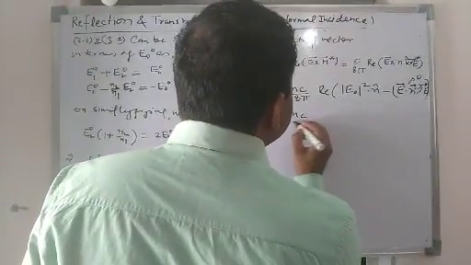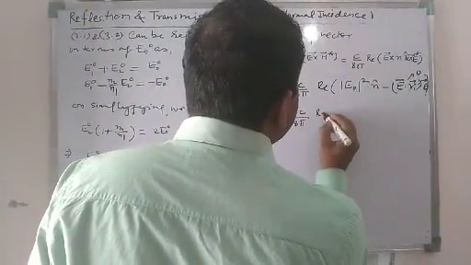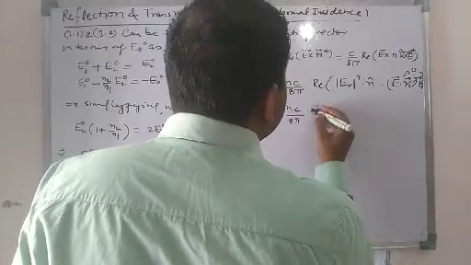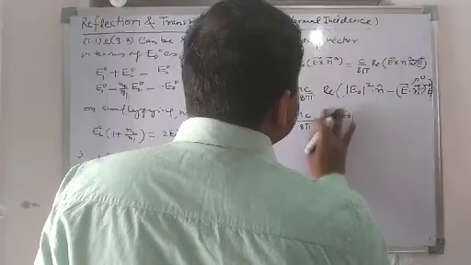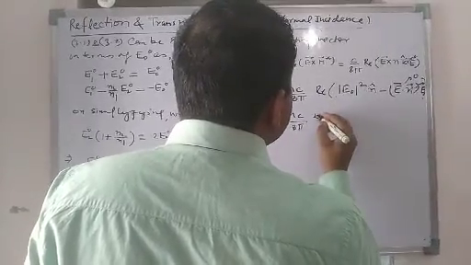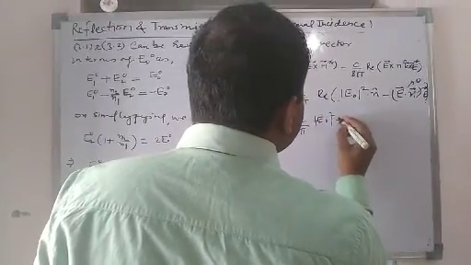So this is nc by 8 pi real of E naught square, and then n hat.